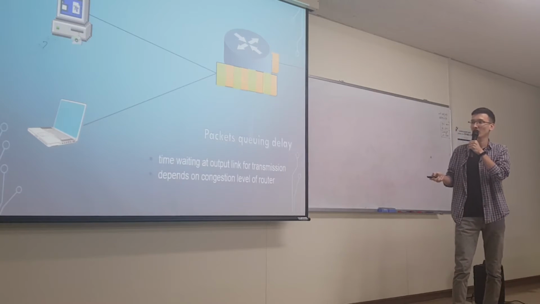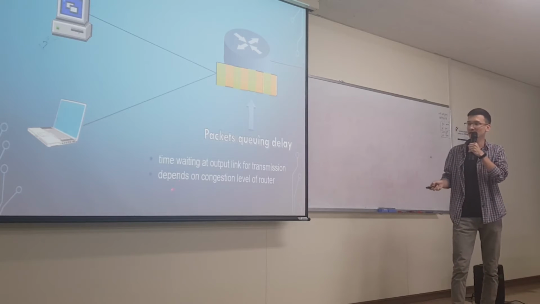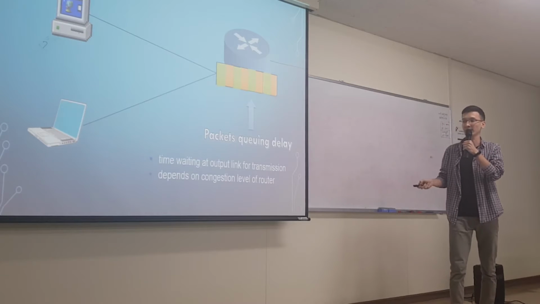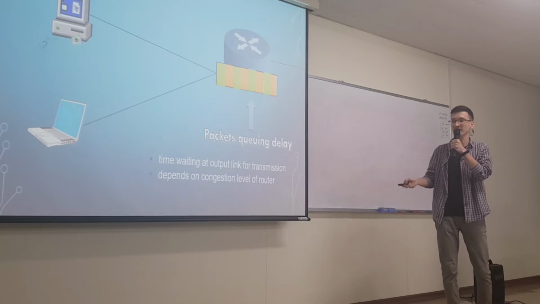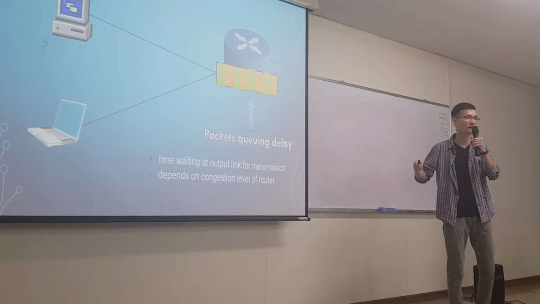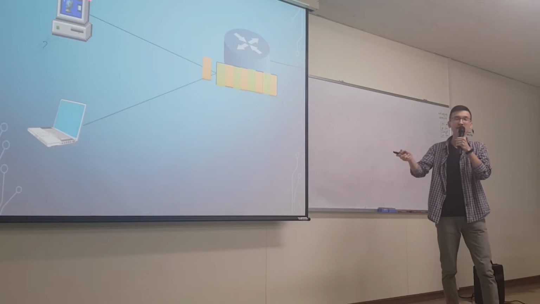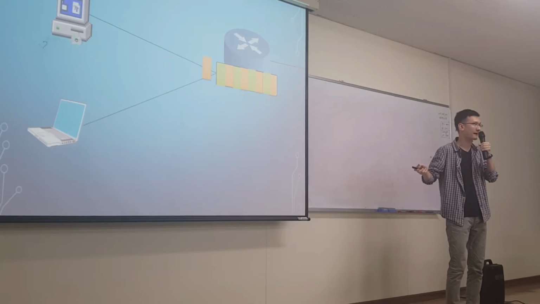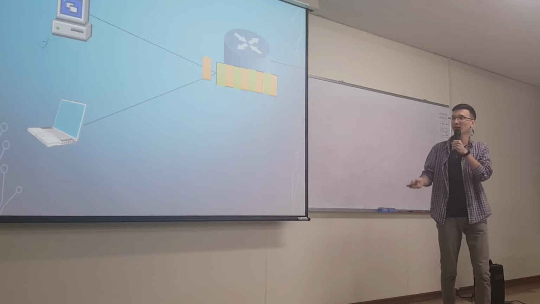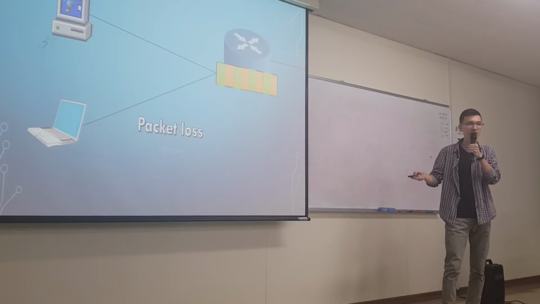Here, packet queuing delay occurs. Time waiting at the output link for transmission depends on the congestion level of the router. If the congestion level is higher, the delay will be longer. And if the host sends another packet and the buffer is full of other packets, this packet will be dropped, and it's called packet loss.